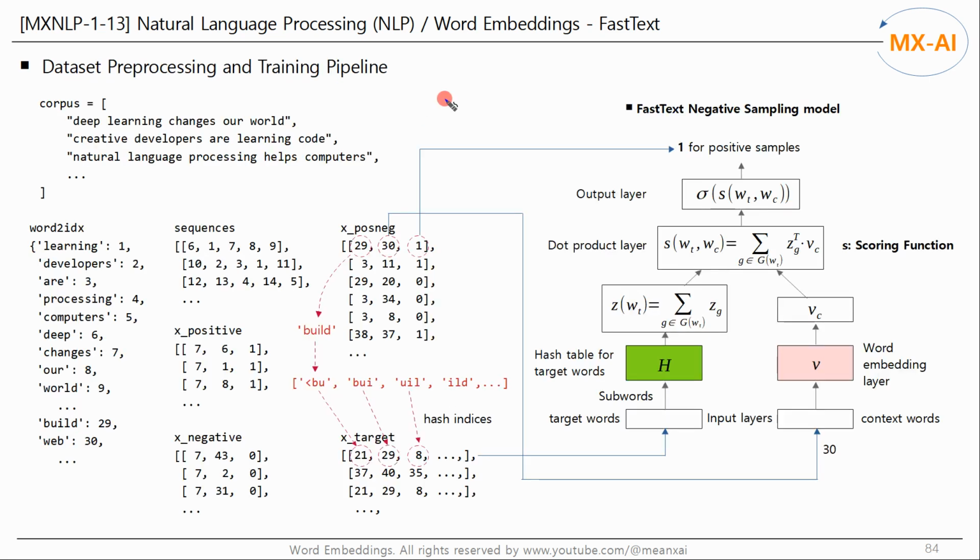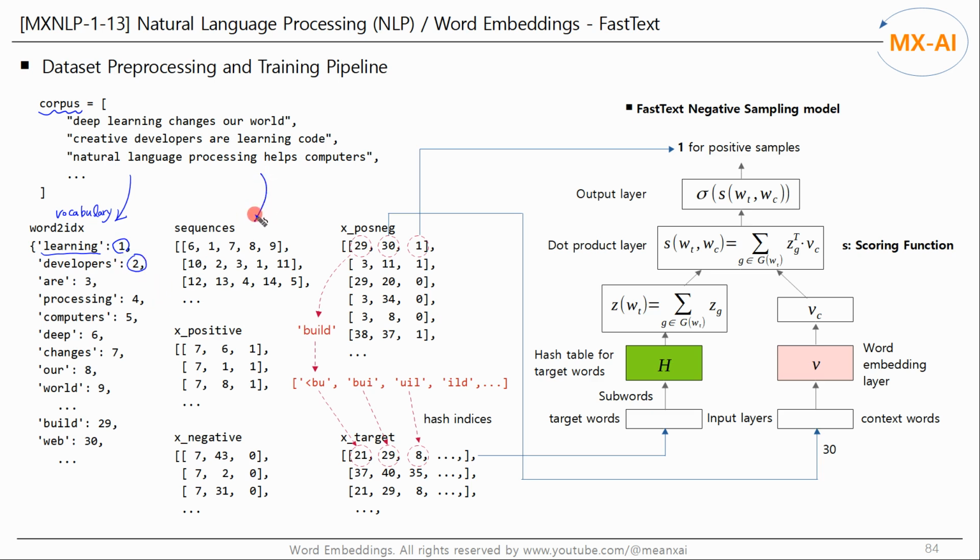Next, let's look at the data structures used in FastText training. Let's say we have a very simple corpus like this. First, we build a vocabulary from the corpus. Each word in the vocabulary is assigned a unique integer ID called a token ID.